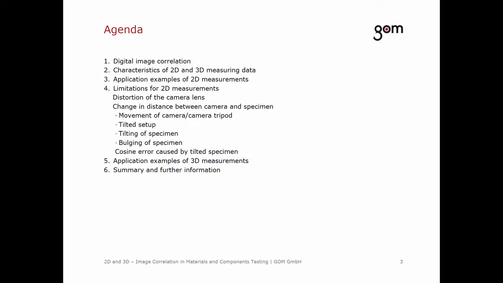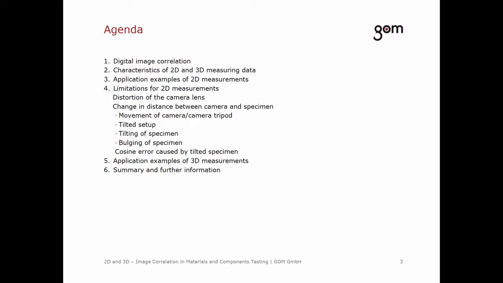The agenda for today: we would like to discuss a little bit what digital image correlation is, not in too much detail, looking at the characteristics of 2D and 3D measuring data and the applications for 2D and also 3D, of course.